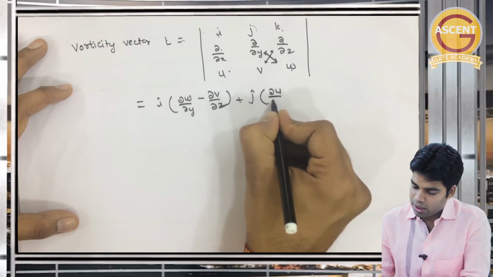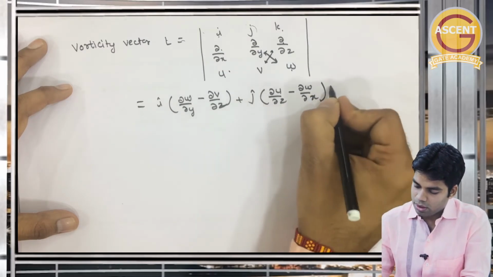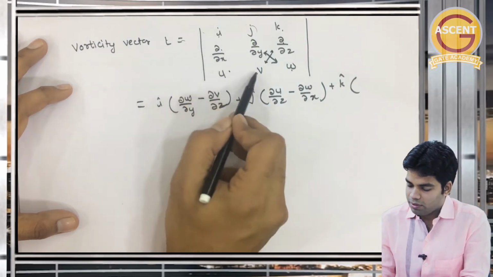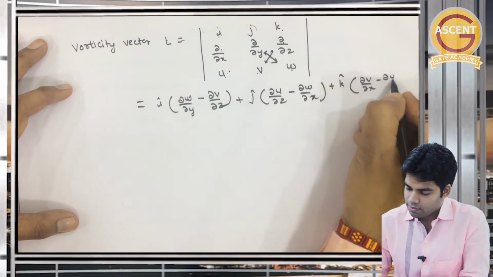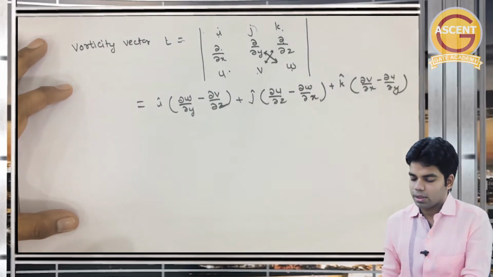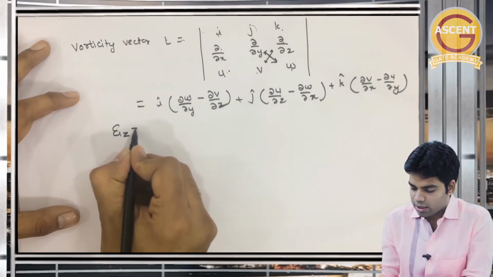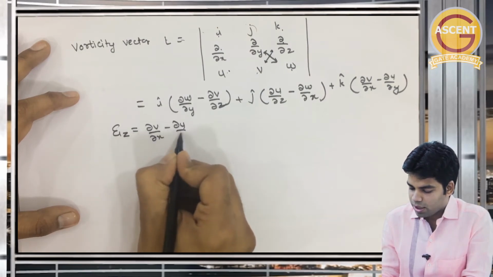Okay, plus k cap, so this will be del v by del x minus del u by del y. Getting this? Okay, so vorticity vectors, as I told you, zeta z is equal to del v by del x minus del u by del y.